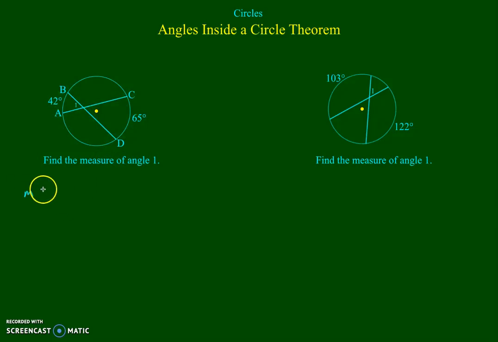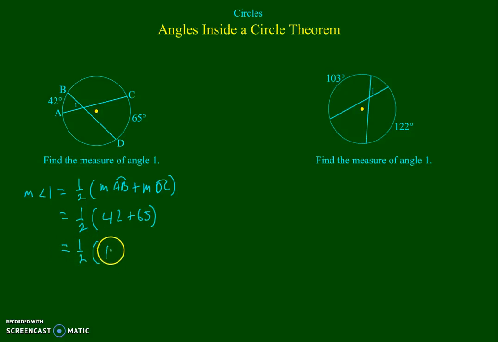So the measure of angle 1 equals 1/2 the measure of AB plus the measure of DC, which is 1/2 of 42 plus 65. This gives us 1/2 of 107, which is 53.5. Fairly straightforward use of the theorem.